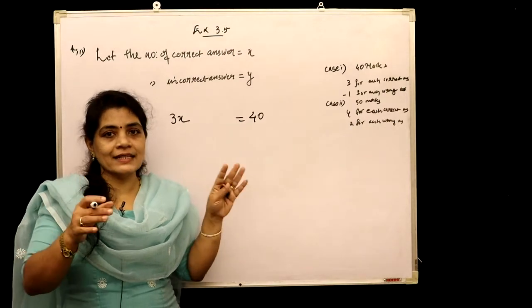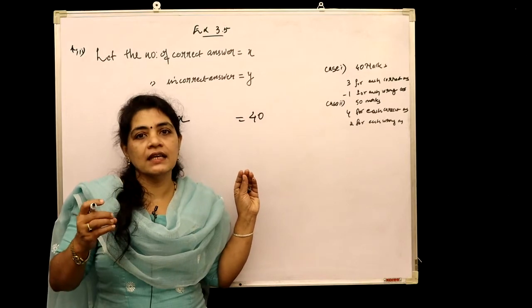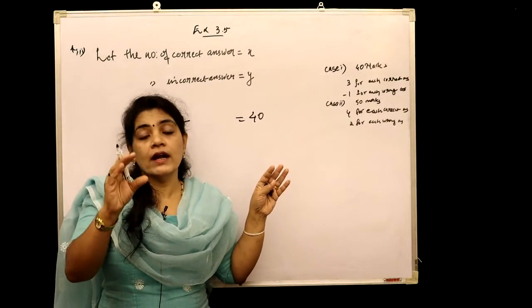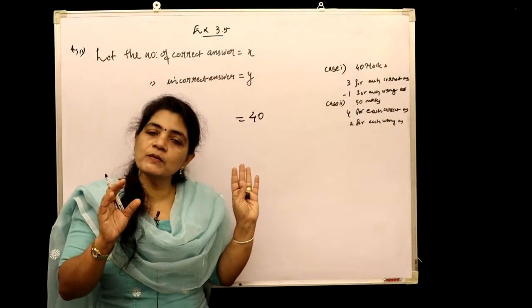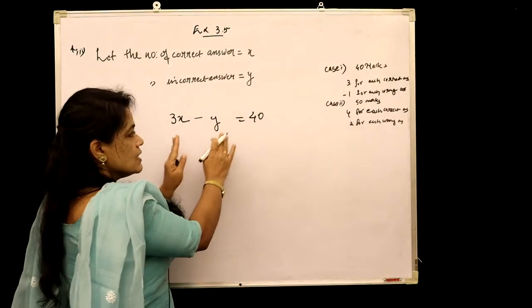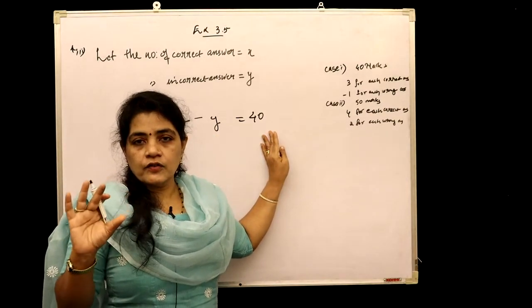So his score from correct answers is 3x, and from that 3x you have to subtract the marks for the y incorrect answers. So y should be subtracted from 3x. So this is the first equation. In this case his mark is 40. How we found the first equation, clear?